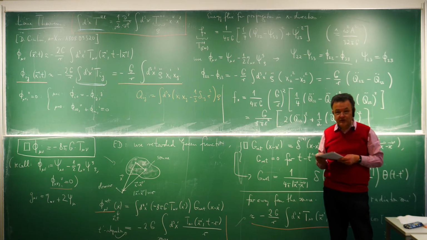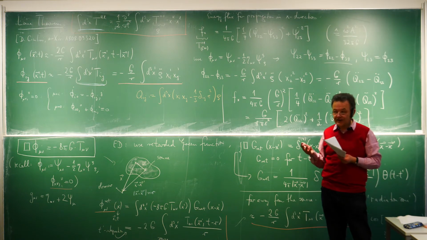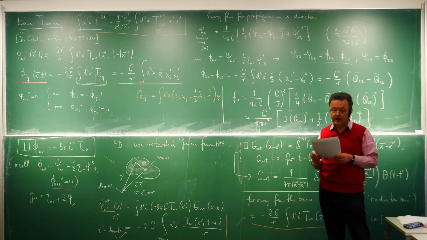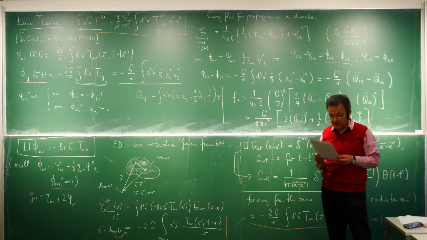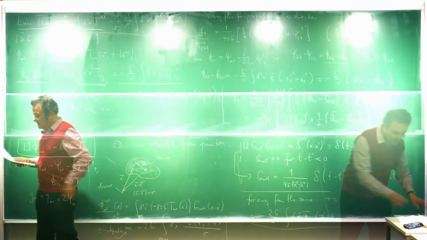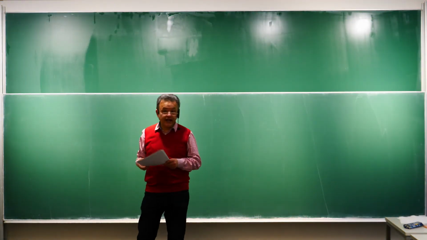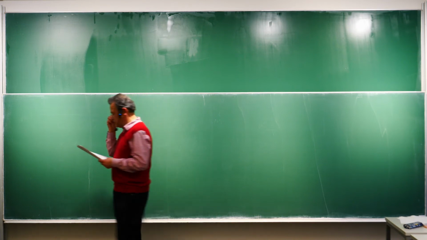Of course, we would like to have a general expression for the propagation in any direction, say the direction given by a normal vector 1, 0, 0. And this is what I shall do next. So we now want to generalize the expressions done for the x direction to an arbitrary direction.